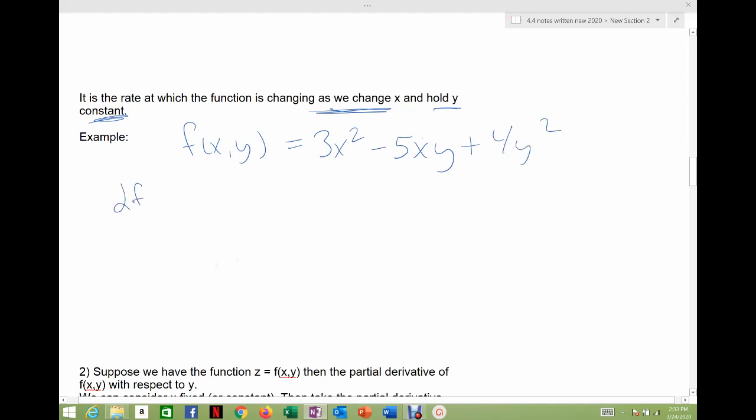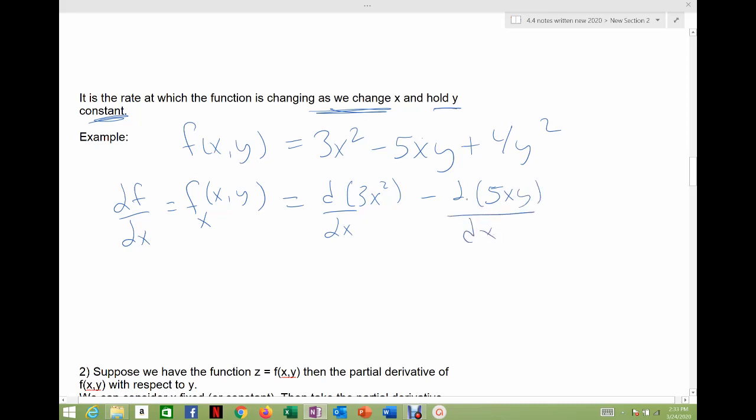I'm going to take the derivative of this function with respect to x, or using the function notation f sub x of x, y, and I'm going to write it out. I'm taking the derivative of this function with respect to x.